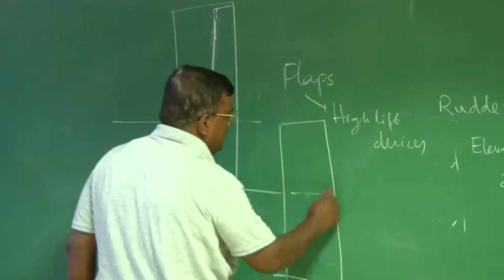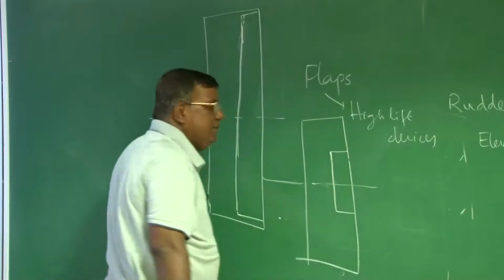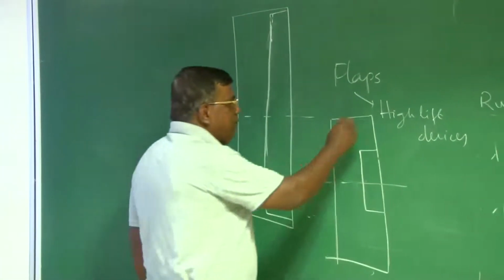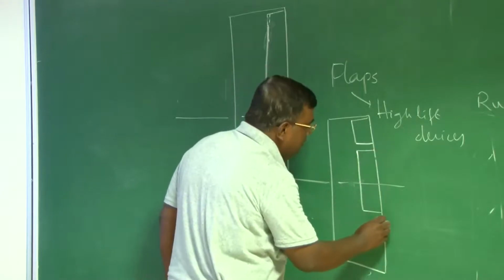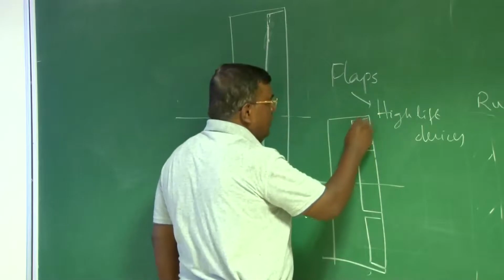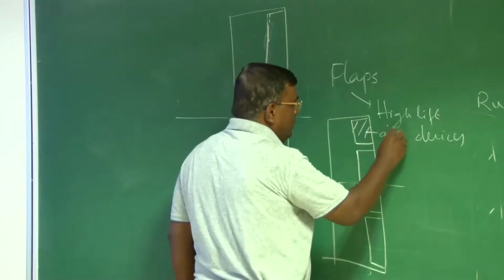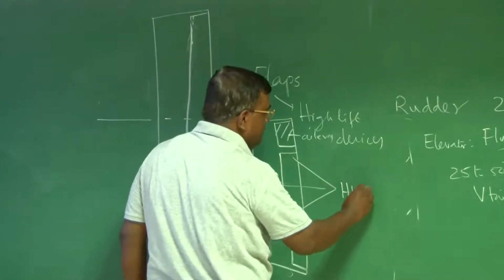So you say this is center, some portion you are using for high lift devices and the flaps, and the rest portion you are using as aileron. So this is aileron, and these are high lift devices.